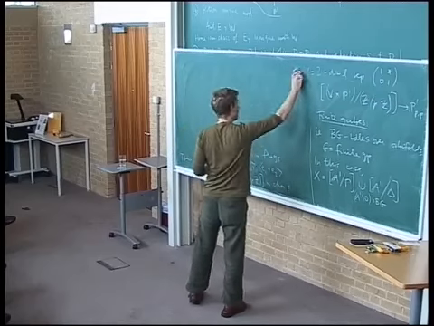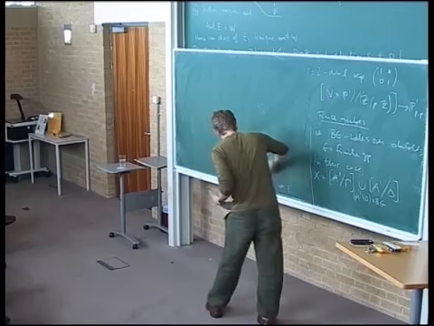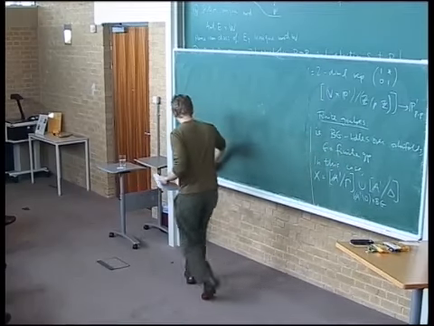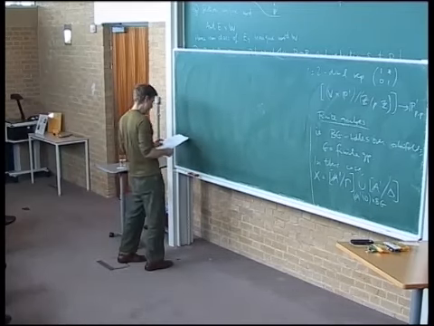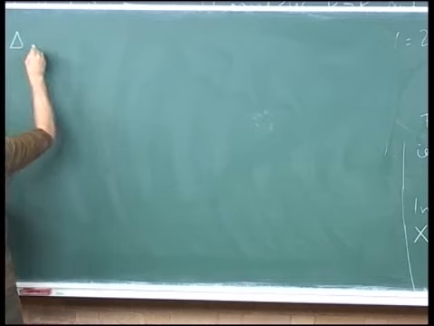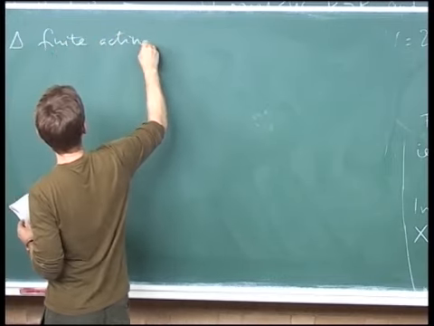So again, nothing is deep, and yet one has to tread carefully. Some statements are true, some statements are not true, and there's some fine line. So right here, gamma and delta are finite groups acting linearly on A1.